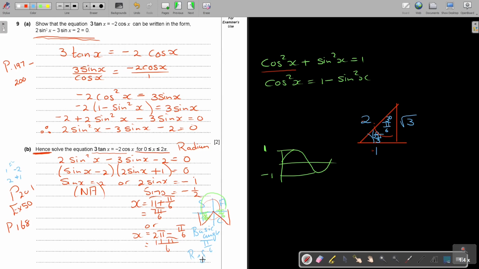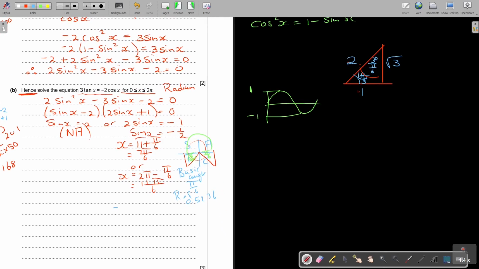So let's rather go for 5. I'll show you now. Make it 0.5236. Then to get x, it can be pi plus that 0.5236.